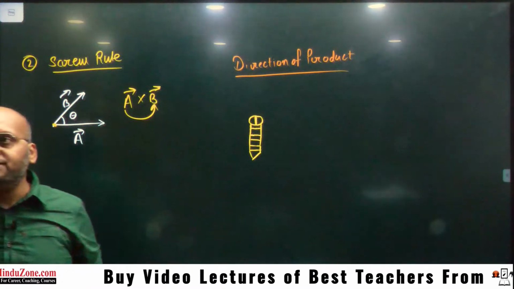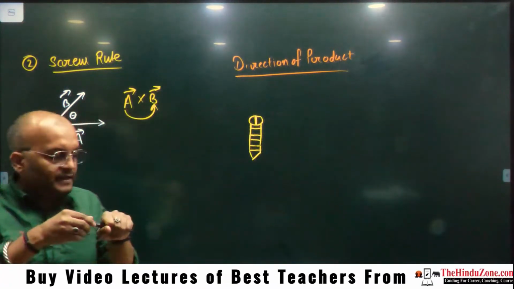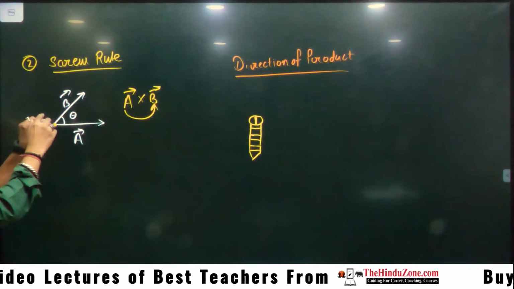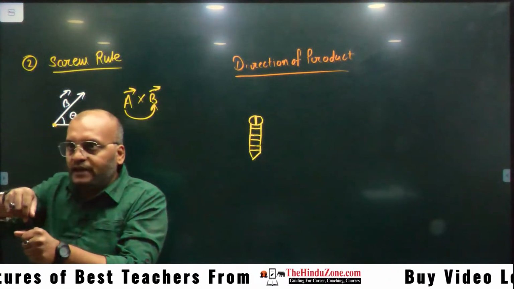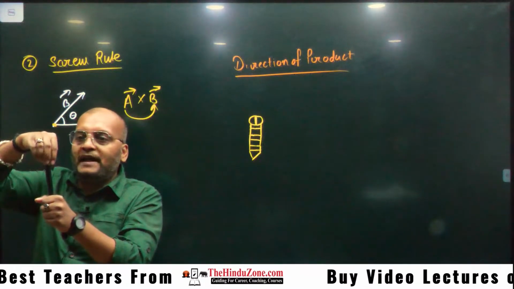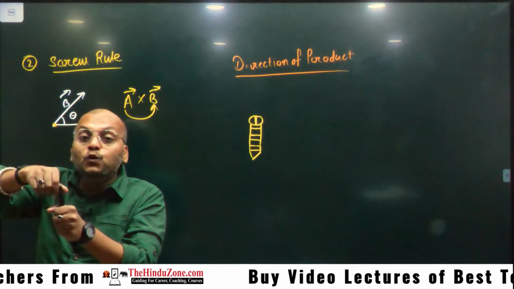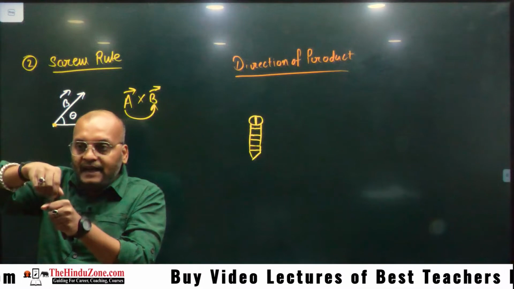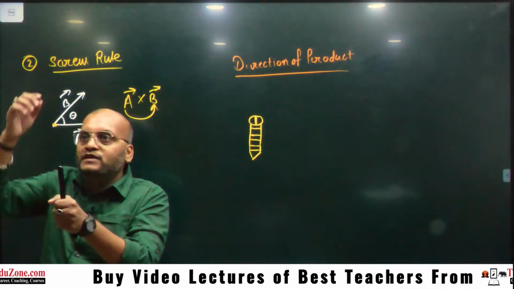Okay. So if you have seen the screw, if I am rotating the screw like this, anti-clockwise, what happens? It loosens. Yes or no? Anti-clockwise, you rotate the screw, it loosens, it comes out.